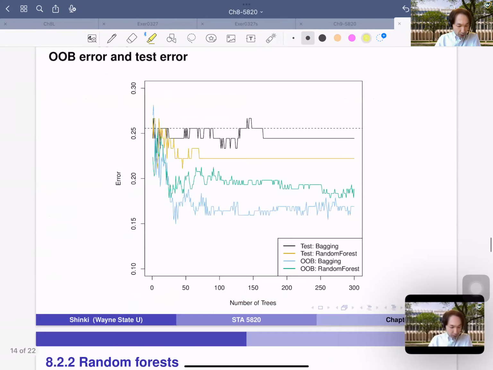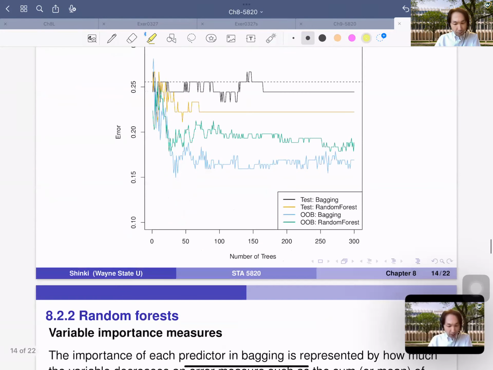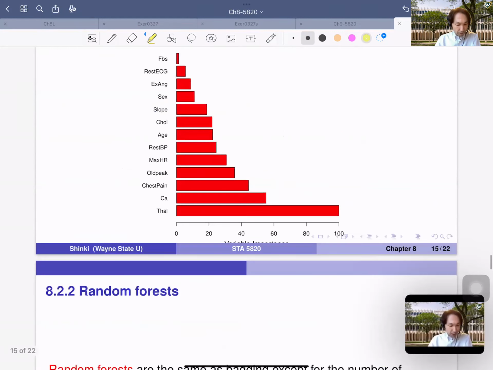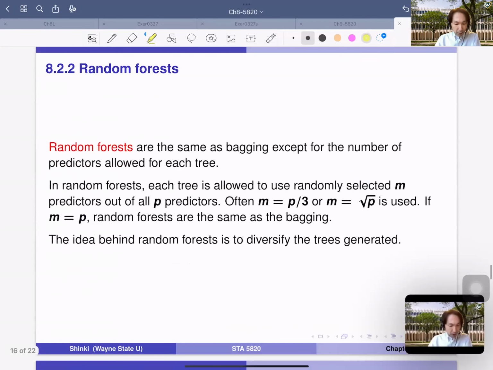The next one is the random forest. Random forest is almost the same as bagging, the only difference is that each time we make a tree, we allow using just a few predictors out of the total p predictors. Usually we only allow 1/3 of the existing predictors to make a tree, or sometimes about the square root of p.